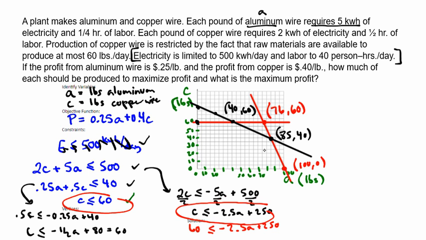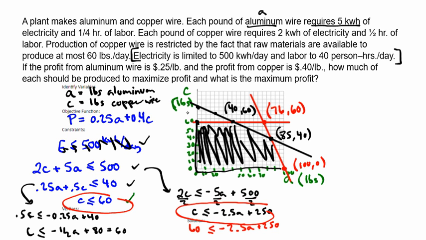So if this is my shaded region, I'm also bound to this area, because I have to be below the black line, inside the red line, and then I have to have positive pounds of copper. I'm not going to do negative. So I've got 0, 60 here, and I'm going to erase this one, because that point is outside the shaded region. So I've got 1, 2, 3, 4 points to check.